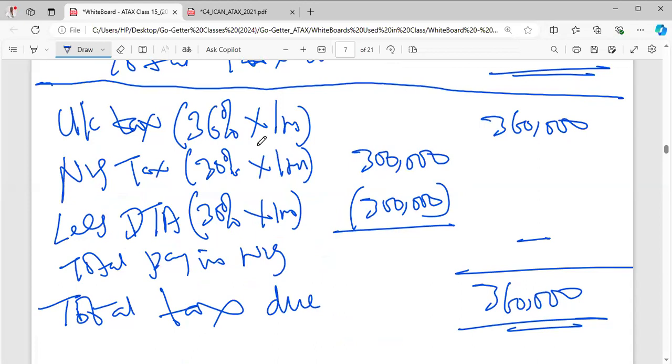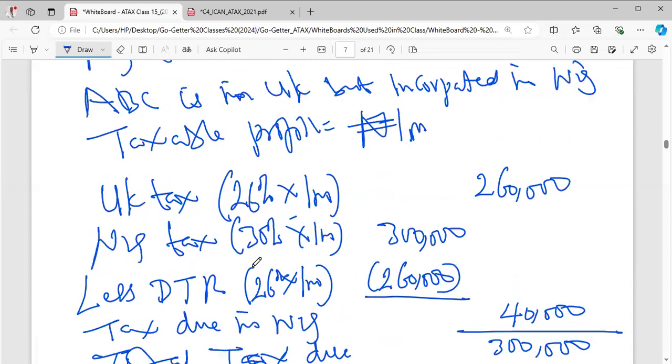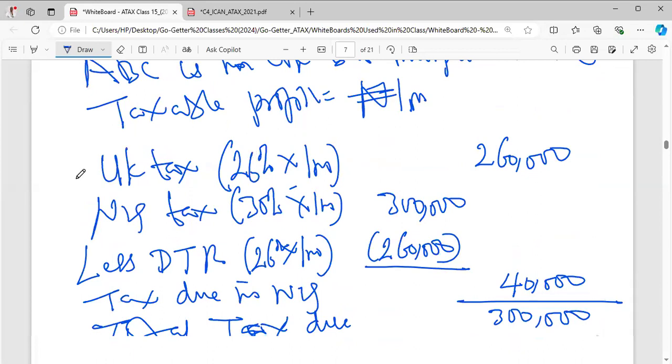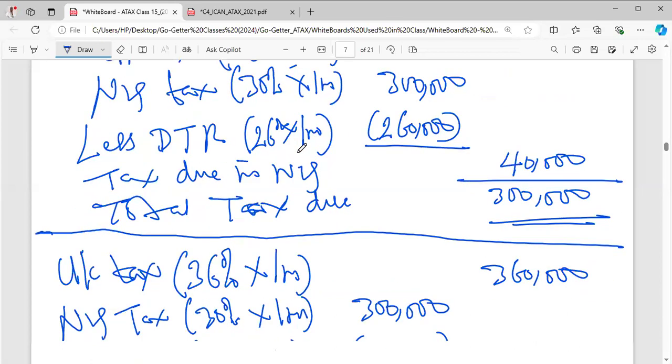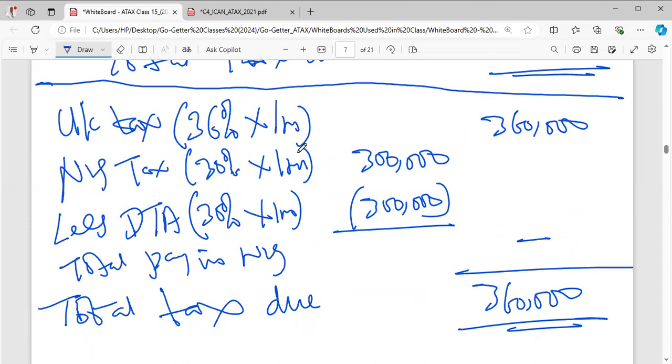If Nigerian tax rate is smaller than this, we use Nigerian tax rate. If Nigerian tax rate is bigger than UK, we use UK. So it will never be bigger than Nigerian tax rate.